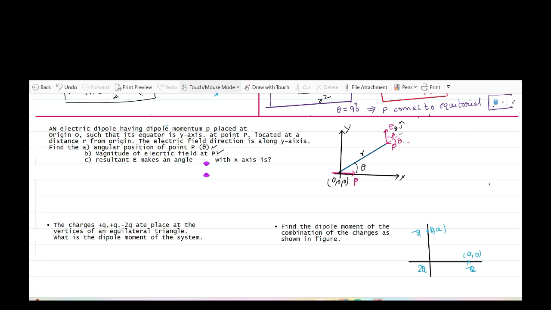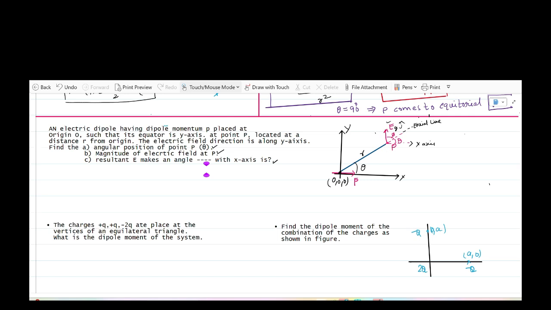So the third question is easy. See, here it is very clearly given: the field is along the y-axis. So this is the x-axis. So here this is the field on the axial line, the resultant field.